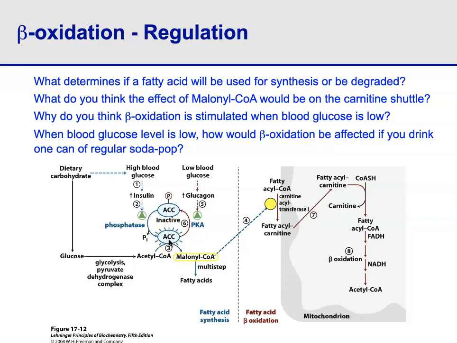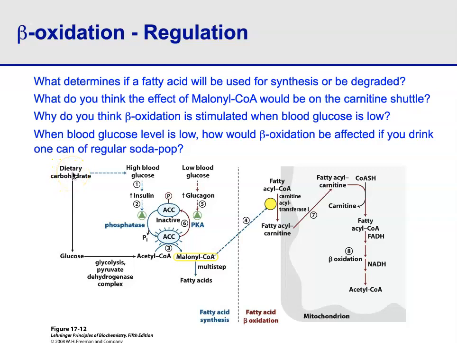This enzyme gets activated by a phosphatase that dephosphorylates the enzyme and activates it to convert acetyl-CoA into malonyl-CoA. The phosphatase is activated by the insulin receptor signaling pathway. When is the insulin hormone released? When we have high blood glucose level, when we have consumed food.